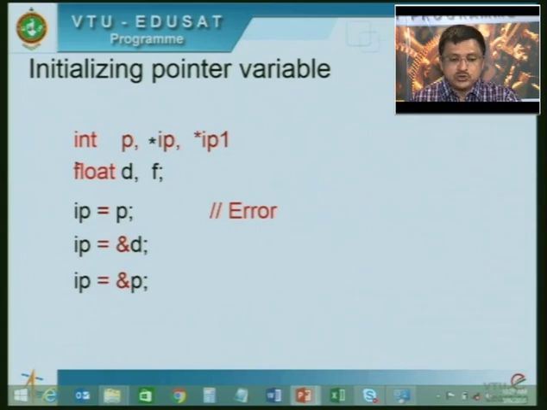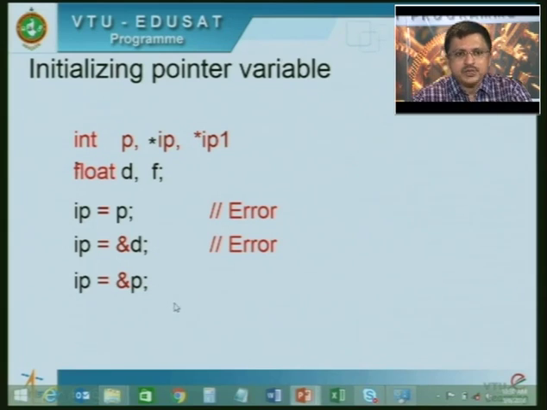Then IP is equal to ampersand D. What is IP? It is a pointer to an integer. What is D? It is a floating point variable name. So, you cannot make an integer pointer point to a floating point number. So, the second one also leads to an error.